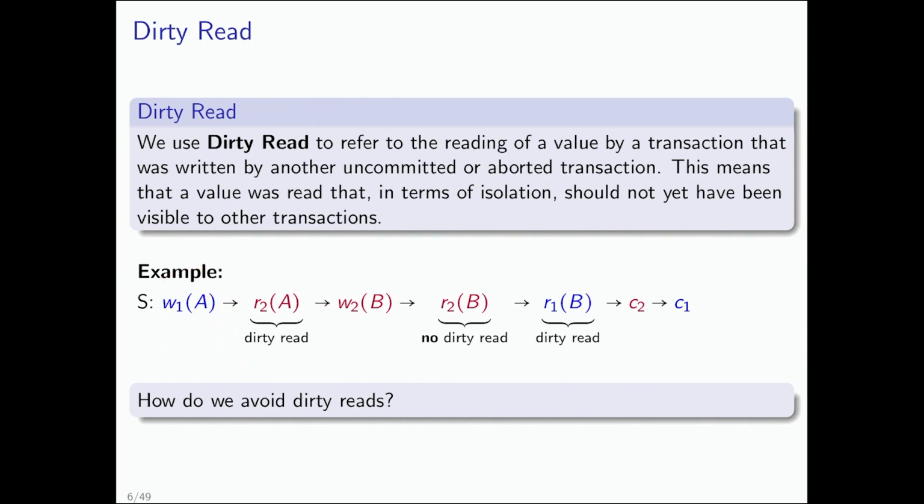I have no idea at this point in time whether transaction 1 will commit or not. You can look ahead and say, yeah, it will commit, so don't worry, Professor Dittrich, it's all fine. But again, think about the operation-at-a-time mode we are in. In an operation-at-a-time mode, the database receives operations one by one.